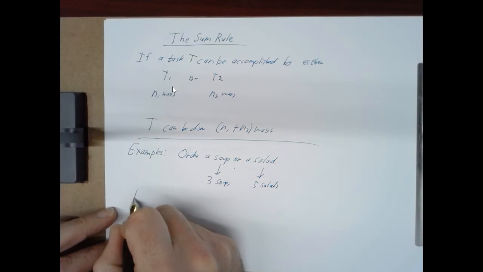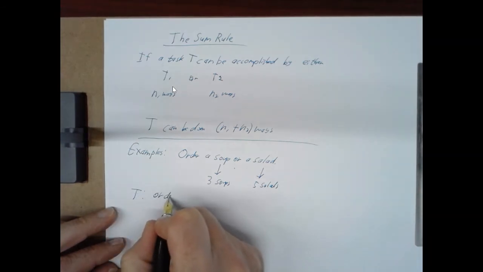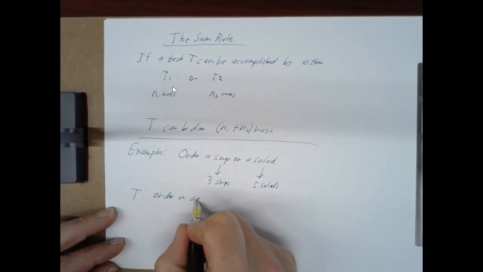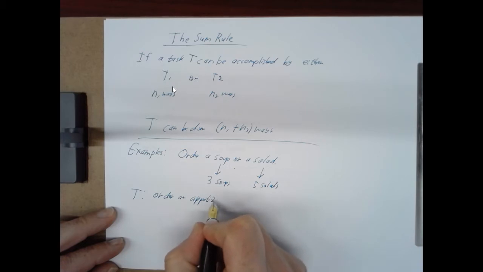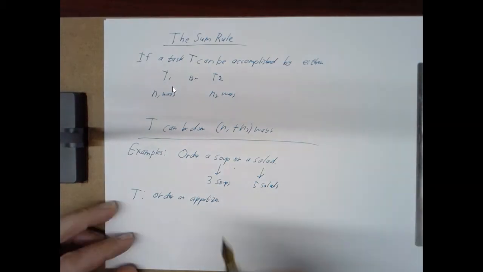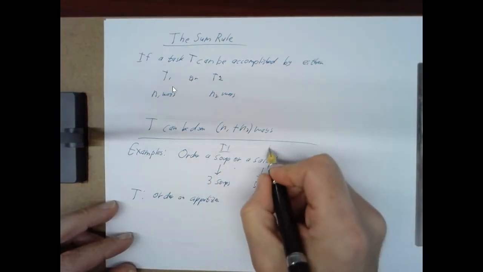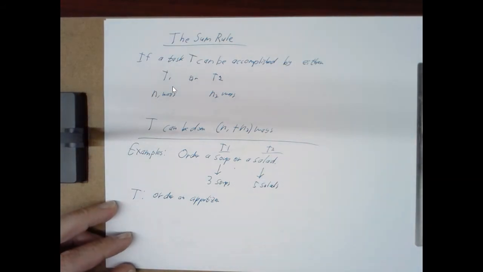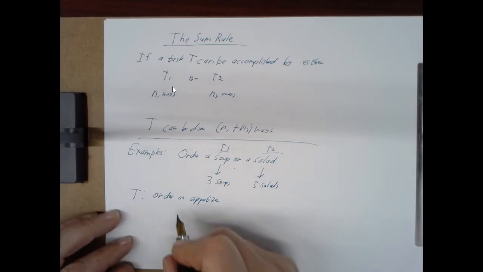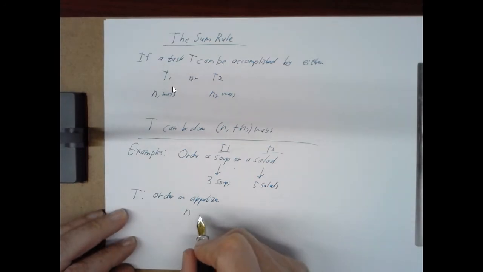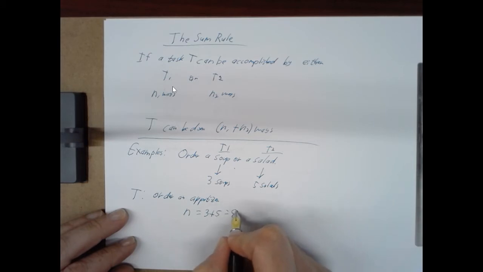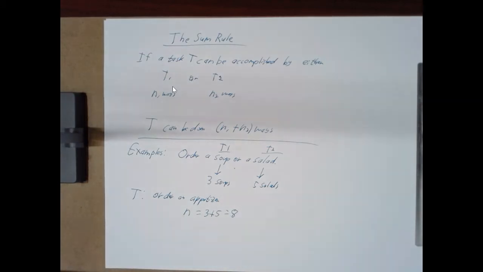So your task is to order an appetizer. And you can do this as either T1, order a soup, or T2, order a salad. There's 3 ways to order a soup. There's 5 ways to order a salad. The total number of ways that you can order one of these is 8. Right, it's just the sum.